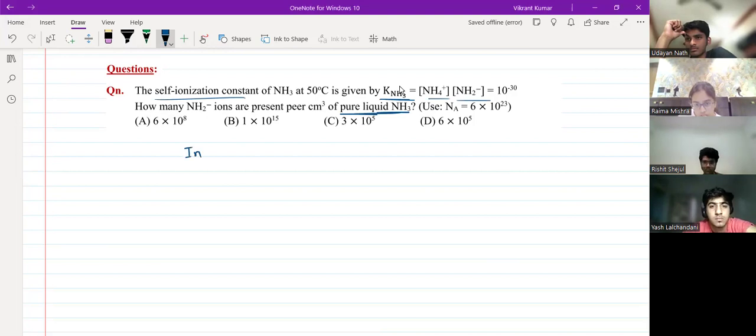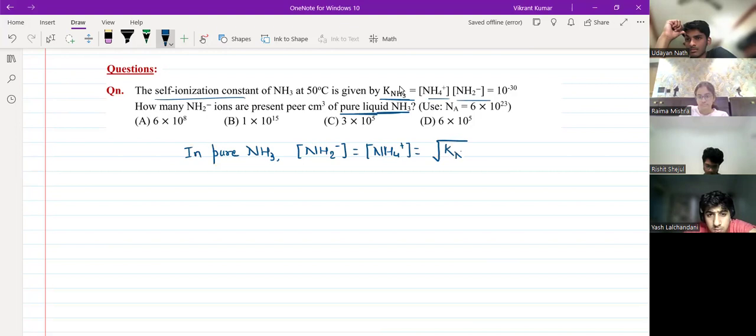In pure ammonia, NH2 minus and NH4 plus will have the same concentration, and that will be root K of NH3, which is equal to 10 raised to minus 15. है ना? But this is not the answer because they have not asked you concentration of NH2 minus ion.